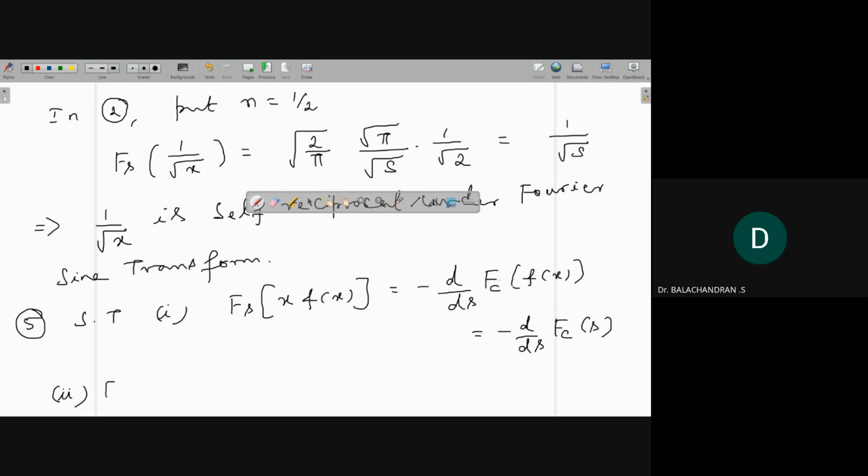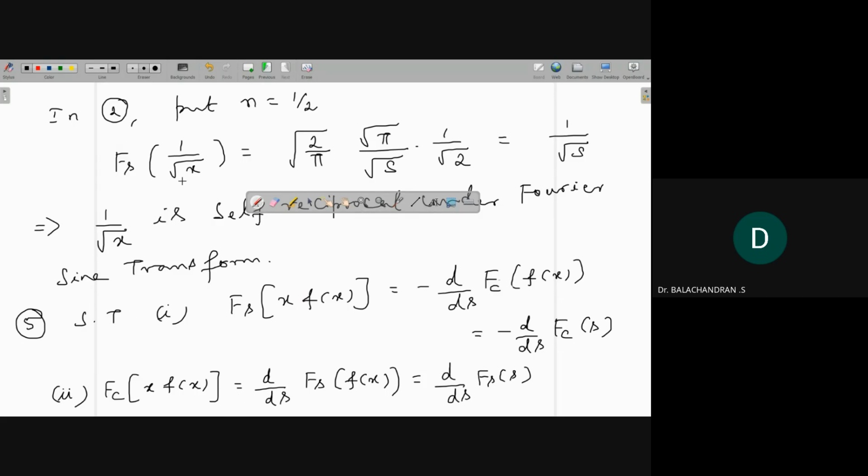Similarly, subdivision number 2, Fc of x into f of x, which is equal to, not minus, plus d by ds of Fs of f of x, which is equal to d by ds of Fs of s. So we should prove these two.